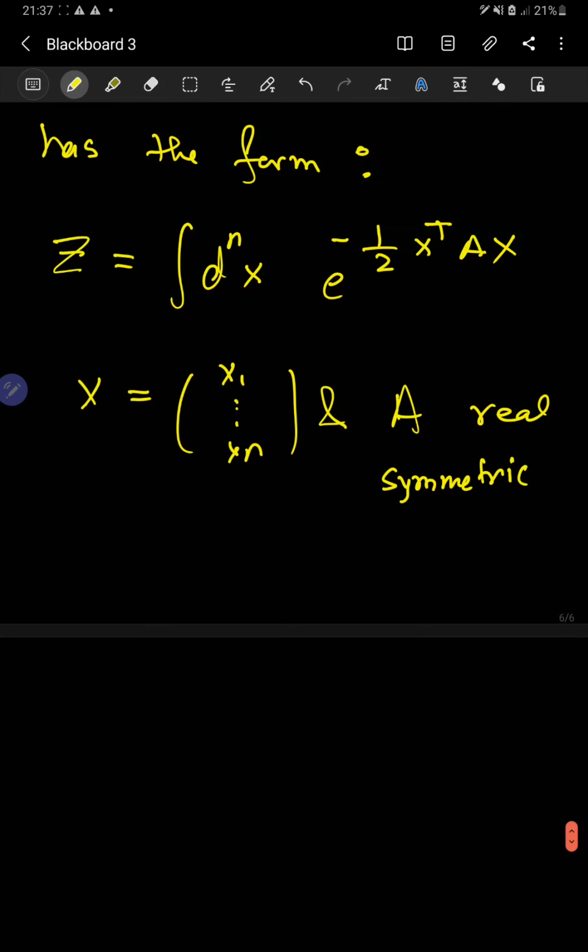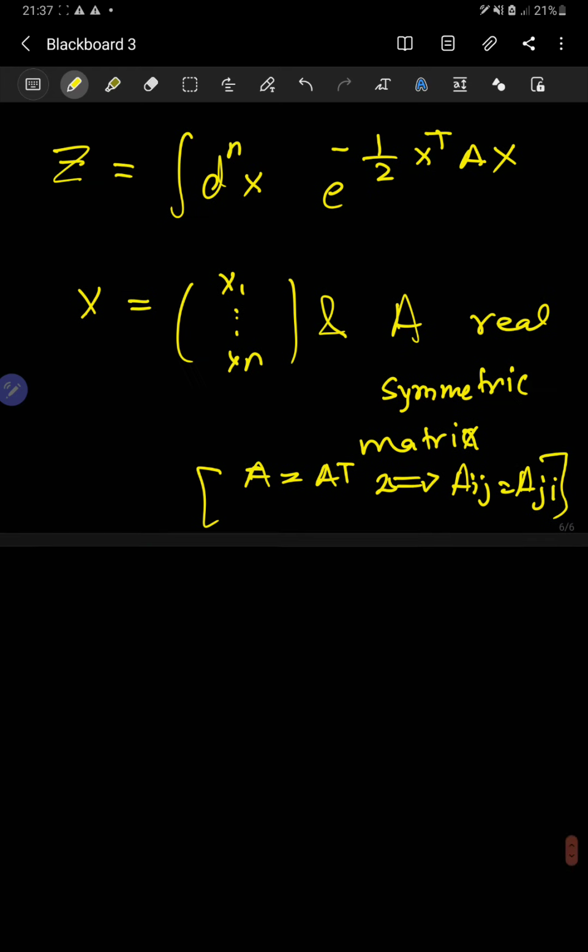Symmetric matrices are those whose transpose is the same as the matrix itself. Let me remind you, A transpose equals A. This implies each element, or let's write it like this, A_ij equals A_ji.